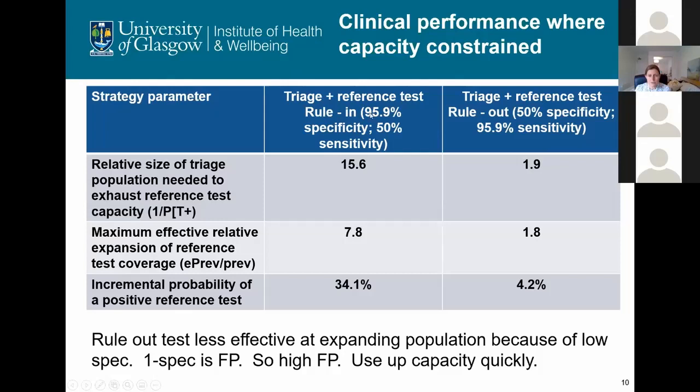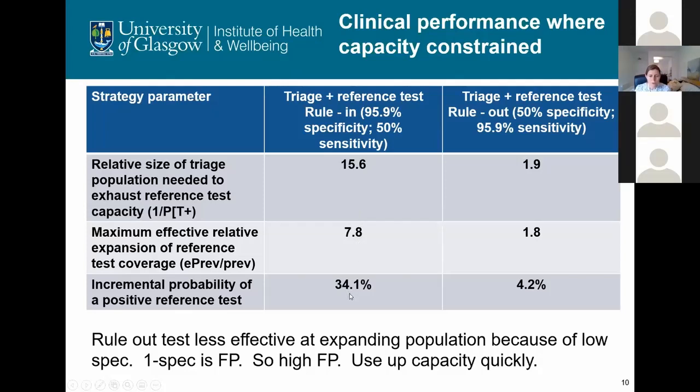With the rule-in test, we can test 16 times more people. The relative expansion of reference test coverage is the difference between these two numbers. So this is how many more cases will we find. We'll find 8 times more cases with this specificity than using a reference test only strategy.